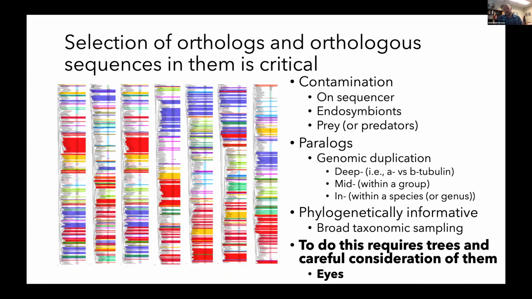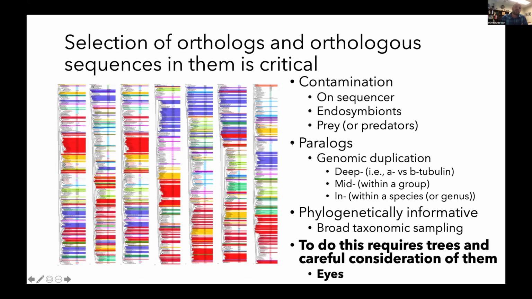So one of the things that's very important when you're doing phylogenomics is that the selection of orthologs and orthologous sequences in organisms is absolutely crucial. There are several different caveats when looking at phylogenomics. Contamination can be caused by on-sequencer contamination, also endosymbiont contamination or prey organisms that the organisms may be eating.